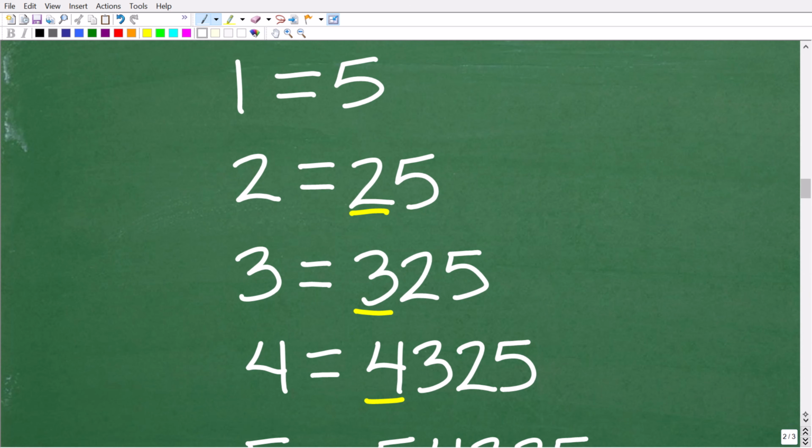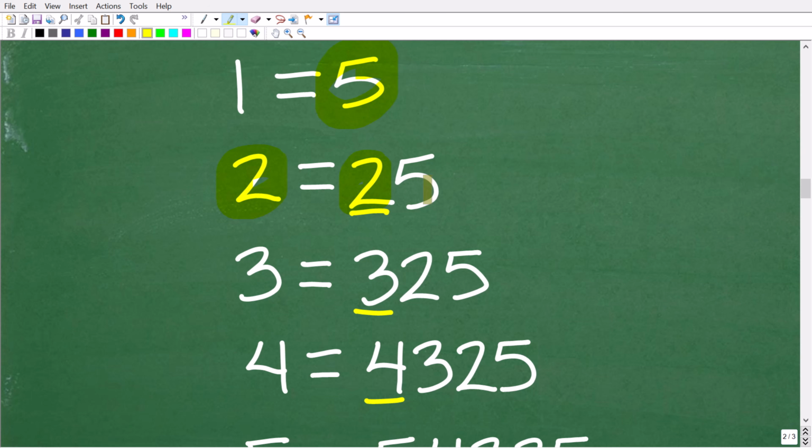So the pattern that's going on here is the following. So 1 is equal to 5 and 2 is equal to 25. So this number, our 2 here, is being put in front of the first number, 5. If you notice, this 5 was in the first set of numbers.